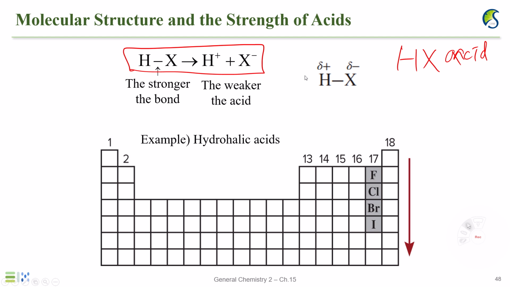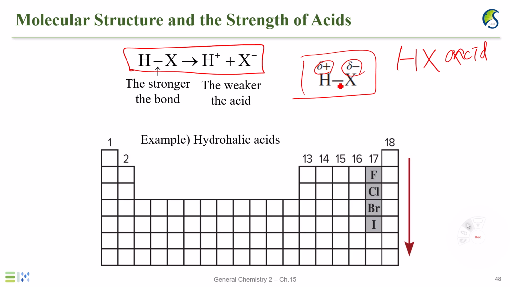And from the perspective of electron cloud, electron density, in many cases, this X atom has slightly more electron density, so you can write down a slight negative, and at the same time the proton H plus has slightly less electron density, so it's slightly positive.